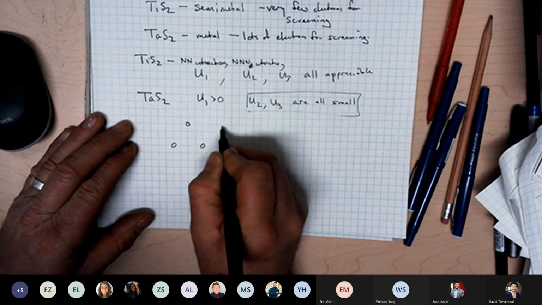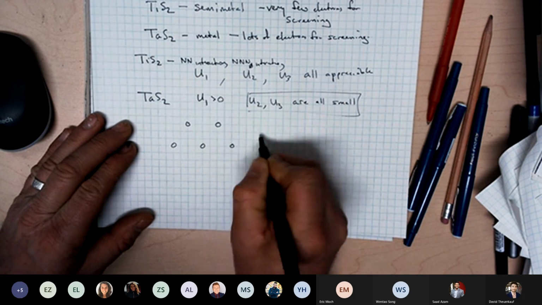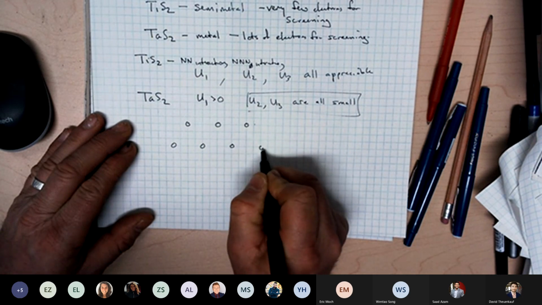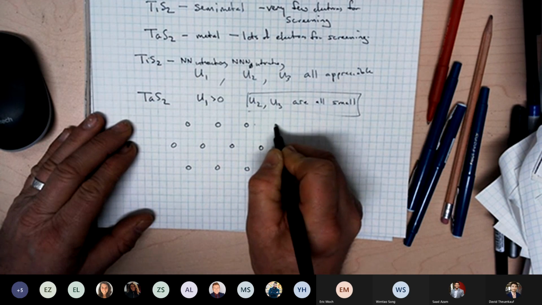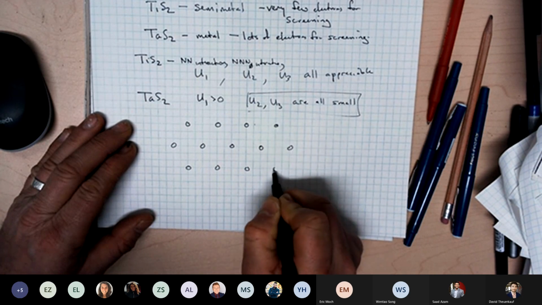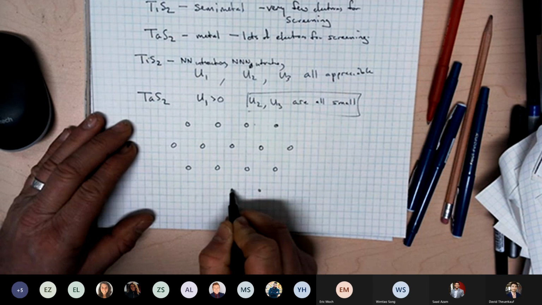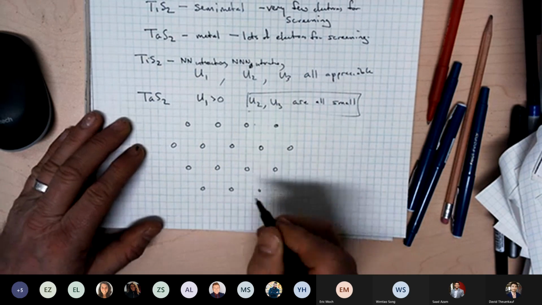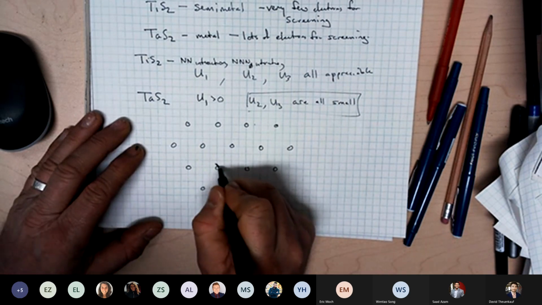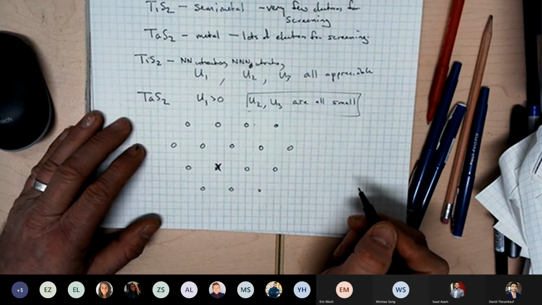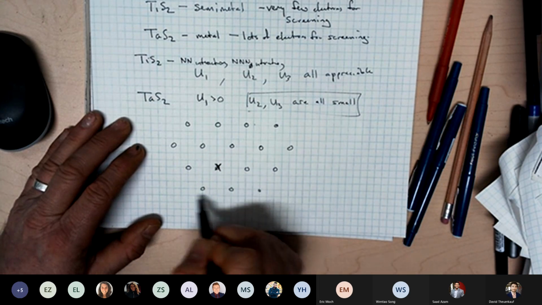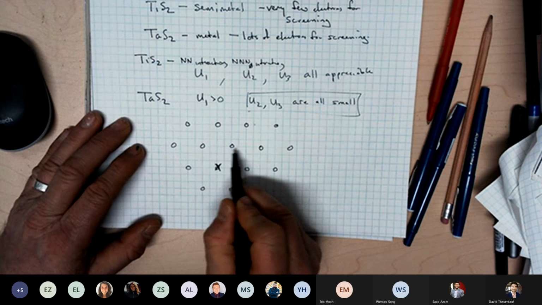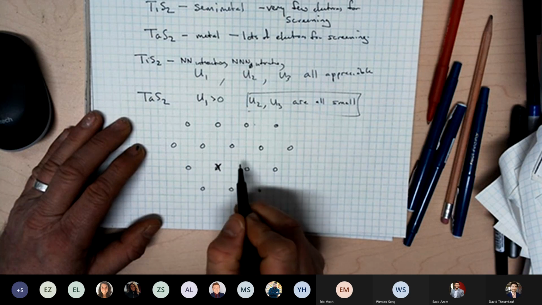So you put a lithium atom here, and you have a strong first neighbor interaction, you try to avoid these interactions.